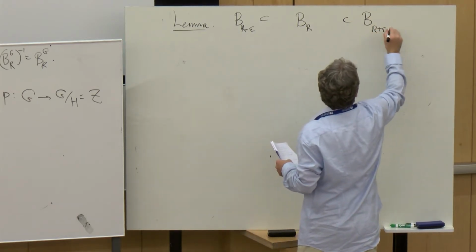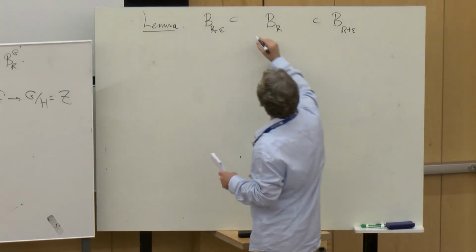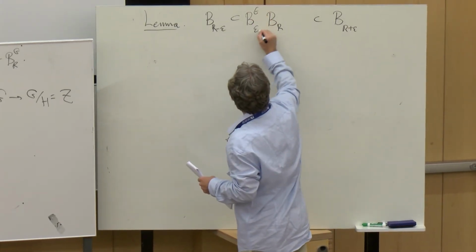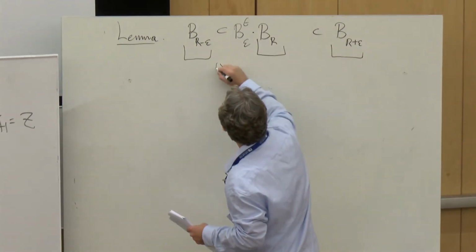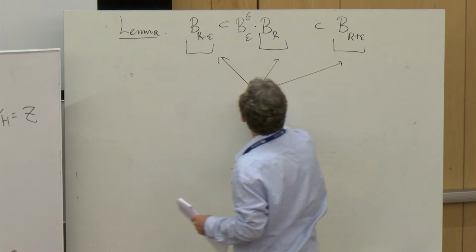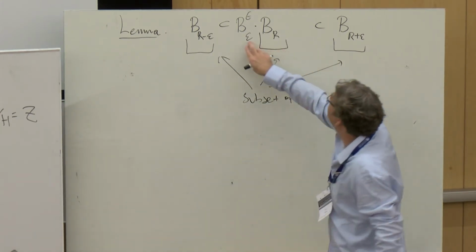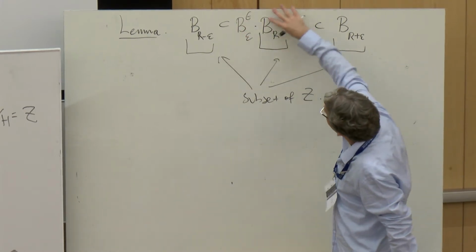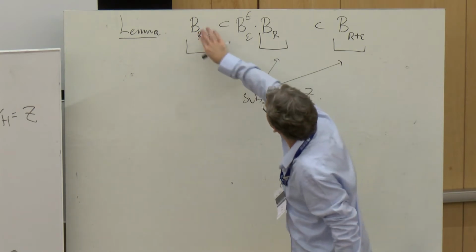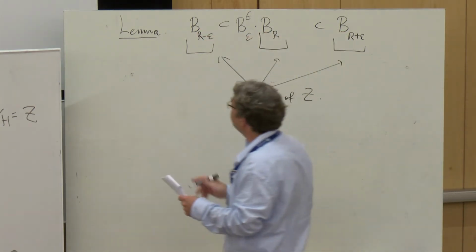Namely, I look at a ball of slightly bigger radius. Then the statement is that if I act, so these all belong to Z, all these are Z objects, subsets of Z. The statement is if I act by some epsilon ball in G on the R ball in Z, then I don't go too far. Okay? This is one nice property.